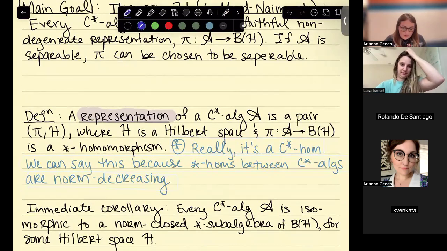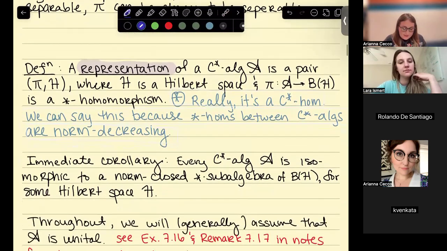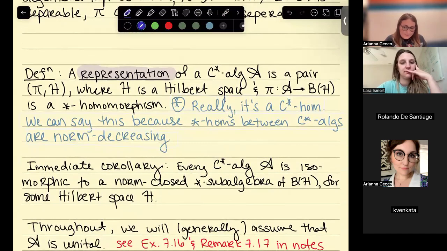And an immediate corollary is that every C-star algebra A is isomorphic to a norm-closed star subalgebra of B of H for some Hilbert space H. This is really cool. It lets us see these abstract C-star algebra things as a much more concrete thing. So, that is a nice corollary.